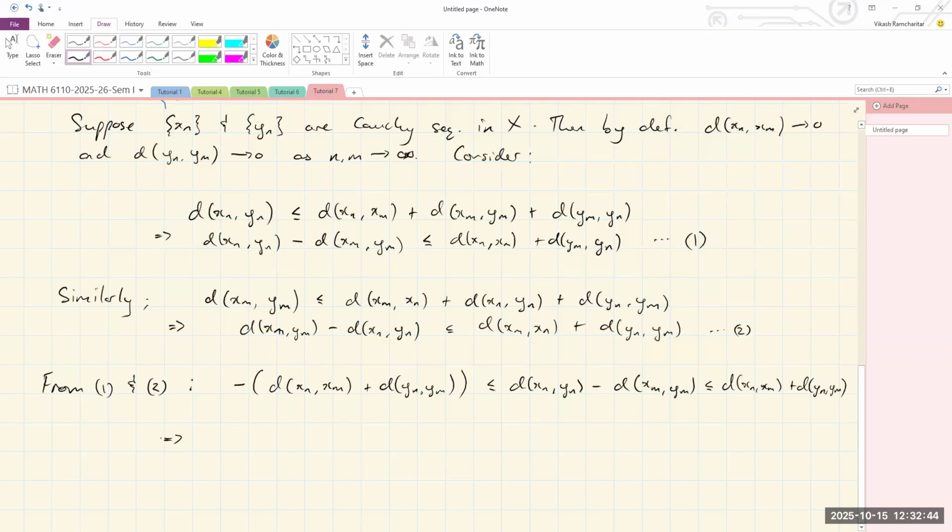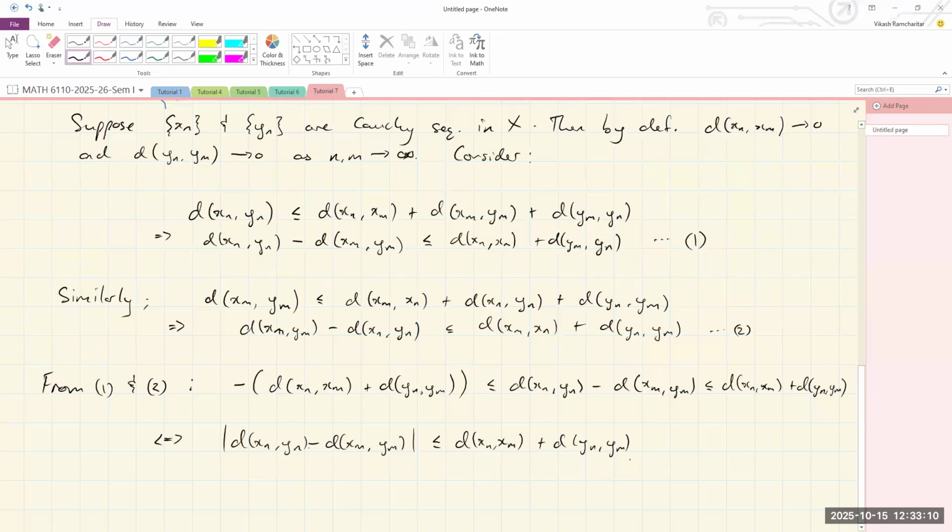Okay, but this is the same thing as saying that the modulus of d of xn yn minus d of xm ym is less than or equal to d of xn xm plus d of yn ym.